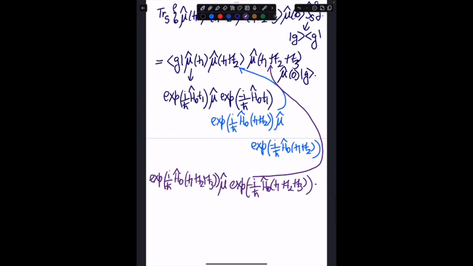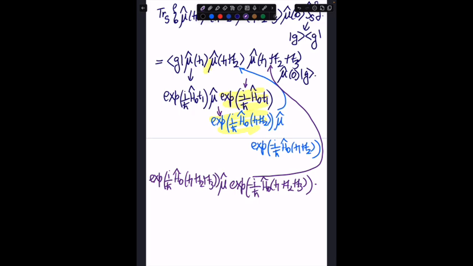Now let's consider the terms in this cap first. So the terms in this cap are this term and this term. So this term corresponds to a forward propagator of time t1, and this term corresponds to a backward propagator of time t1 plus t2. Equivalently, if you look at the maths too, it just corresponds to a backward propagator of time t2.